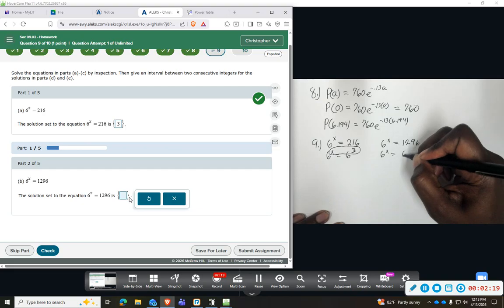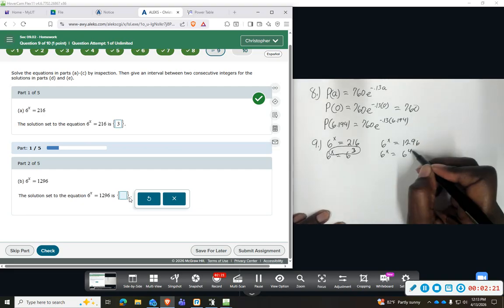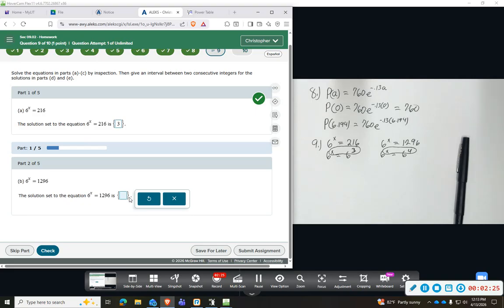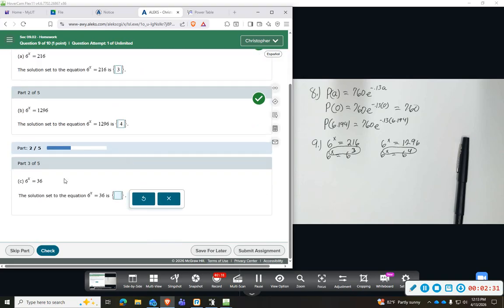That's going to equal 6 to the 4th, so we can see that x equals 4 since both the bases are the same. And then for 36, we know that 6 squared, 6 times 6, so that's just 6 to the 2nd power.